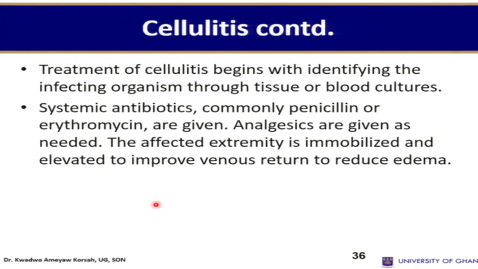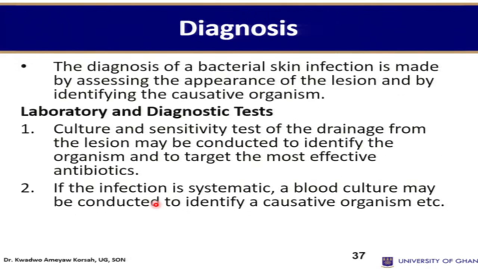So if it's the lower part of the body, for instance the lower leg area, when the patient sits down, we have to raise it in order to enhance venous return, and that is a way of reducing edema.